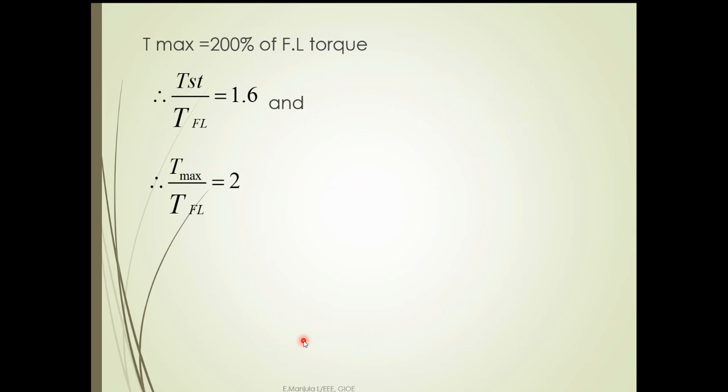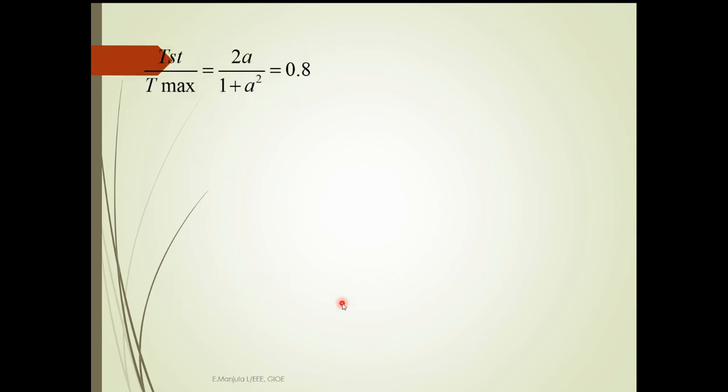So starting torque divided by full load torque is 1.6, and maximum torque divided by full load torque is equal to 2. So starting torque by maximum torque is 1.6 by 2, which is equal to 0.8.